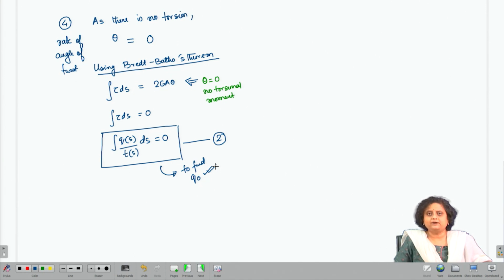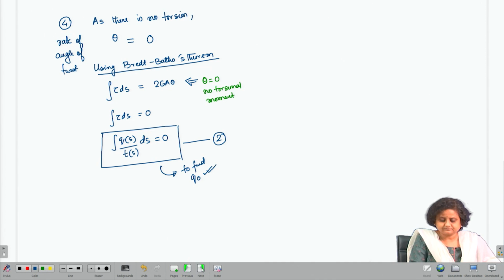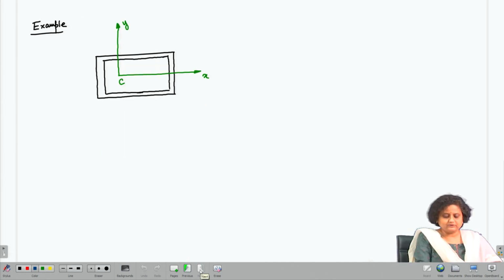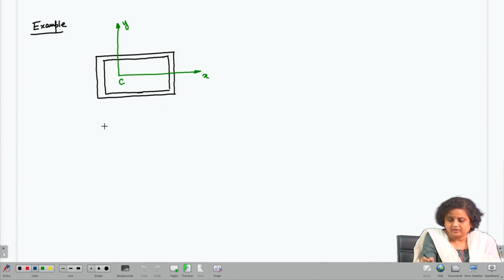Now, this theory that we have discussed is going to become far more clear as we try to solve an example. So, let us consider this example. This is a thin walled rectangular cross section.